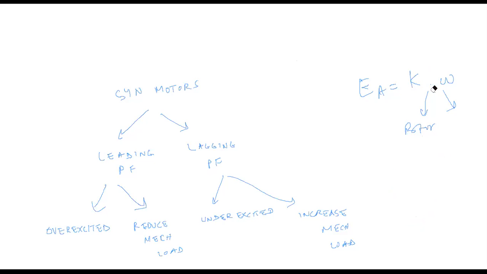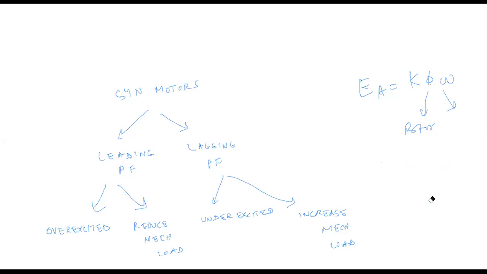If you are not varying the field of the machine, the magnitude of EA stays constant and it is just swinging in an arc. When EA comes here, it is working at a leading power factor, and over here at a lagging power factor. And if you change the mechanical load of the machine, the torque angle increases.